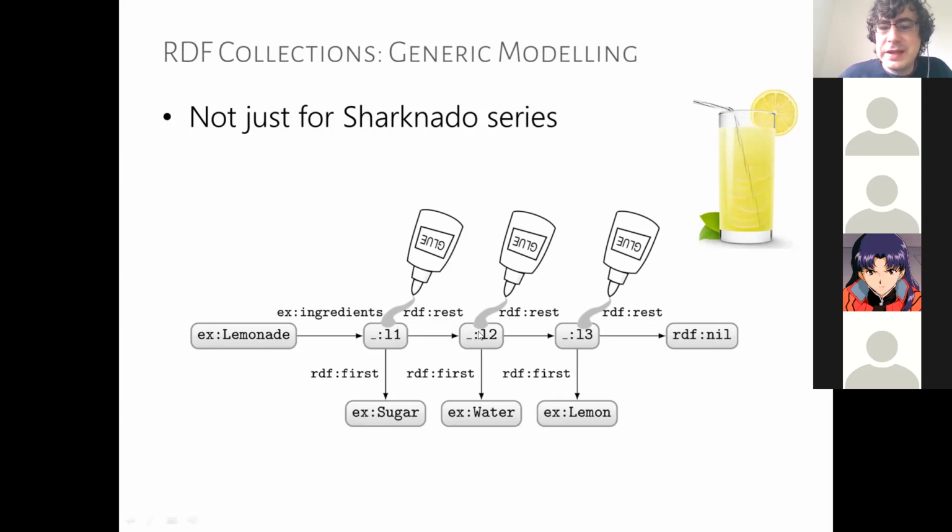They have a local significance. But in general, at the level of the web, their labels don't matter. They're arbitrary labels, and we'll talk a little bit more about that. So these labels are just used to refer to the blank node in the local document or in the local graph, but they don't have any real significance.